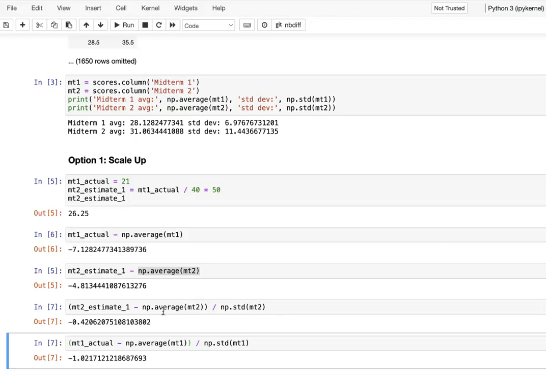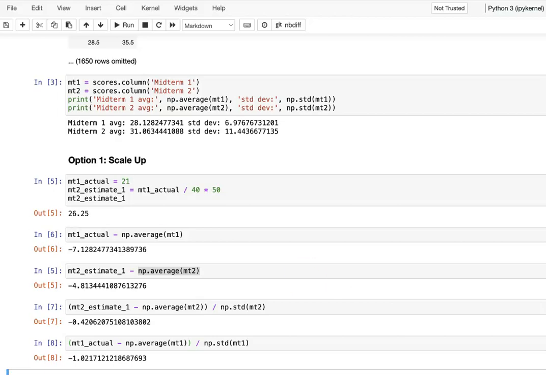But compared to midterm 1, his standard unit is negative 1. So these two are not really comparable when we use the ratio to scale up. It's easy to calculate, but we didn't consider the distribution for both exams. Since we know the standard unit and the midterm 1 and midterm 2 averages and standard deviations, can we come up with a better option?